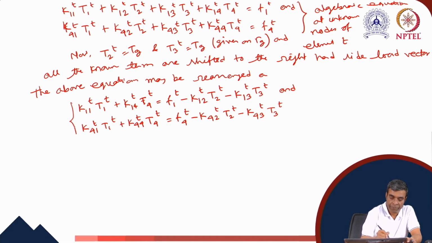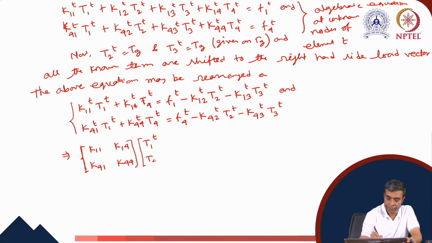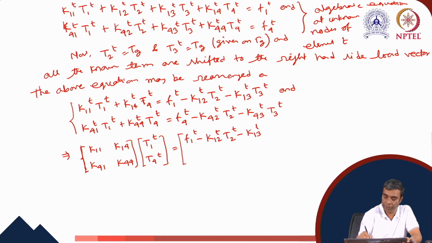Okay, so these equations we can rearrange in matrix form: K11, K14, K41, K44, times T1T, T4T, equals F1T minus K12T T2T minus K13T T3T in the first row, and in the second row F4T minus K42T T2T minus K43T T3T.